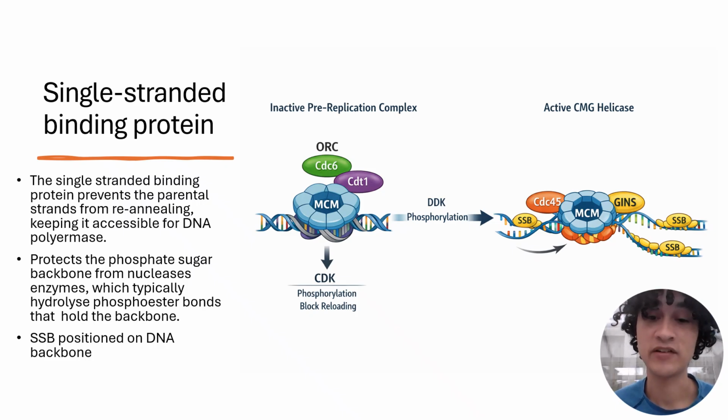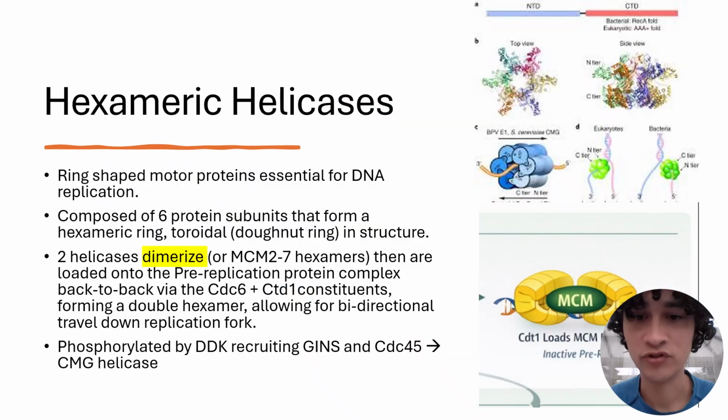It also protects the phosphate-sugar backbone from certain nuclease enzymes, which typically hydrolyze phosphodiester bonds downstream, where the double helix is still intact, in order to relieve supercoiling. But to make sure it doesn't affect the template strands, the single-stranded binding protein will bind on that phosphate-sugar backbone.